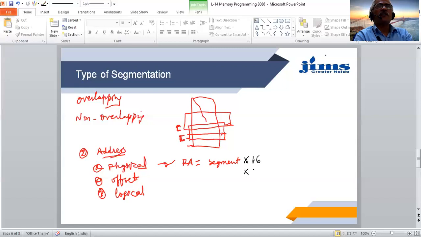So if you write in the hexadecimal format, you can write 10h. So the segment value in hexadecimal multiplied by 10 plus the offset.